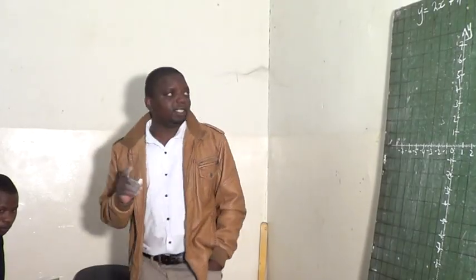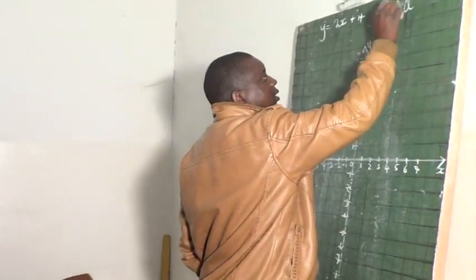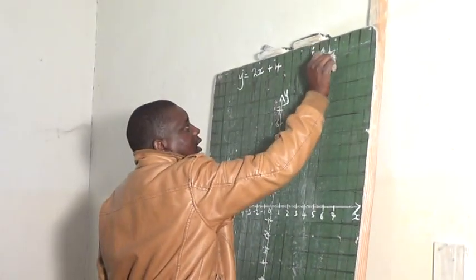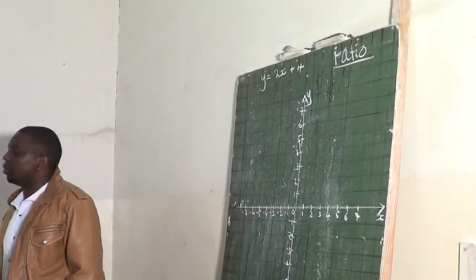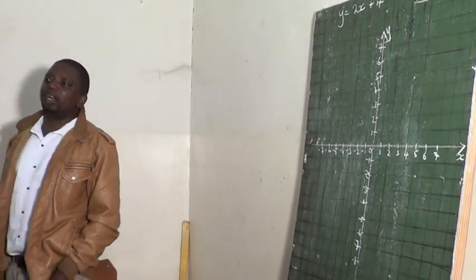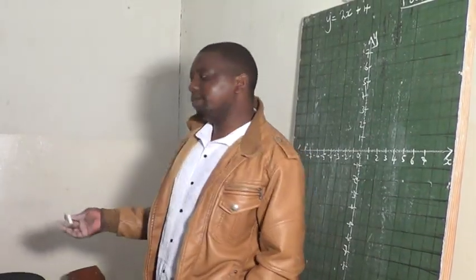The ratio of the vertical distance over the horizontal. The word I want is a ratio: the ratio of the vertical distance to the horizontal distance of a plane.